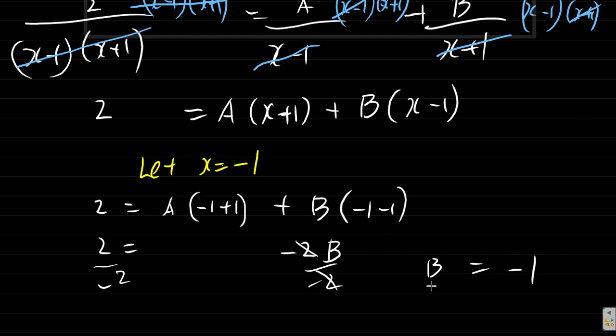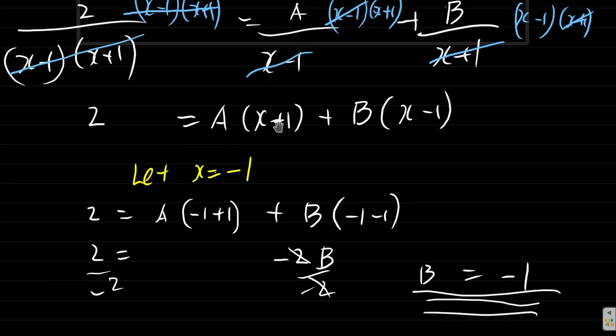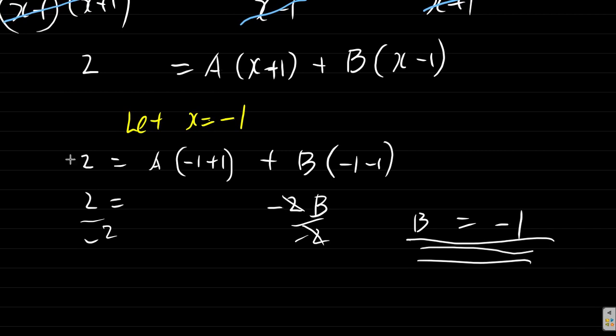Now, suppose you look back. Alright, let's highlight this. So we have it as we want. Suppose you look back at this. You eliminate b this time. What do you let x be? You're going to say let x equal 1, because 1 minus 1 is 0 and b will be gone, and you can find a. Right?